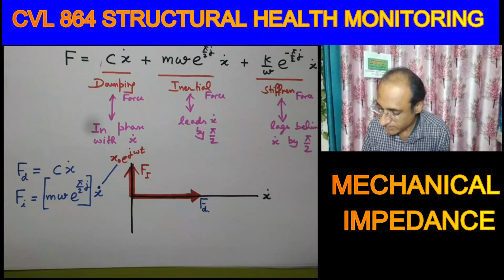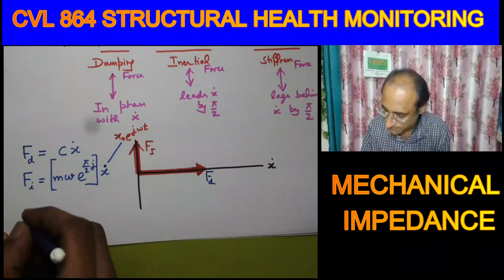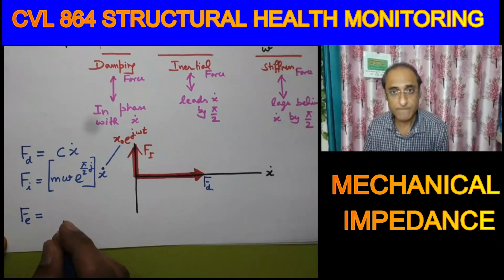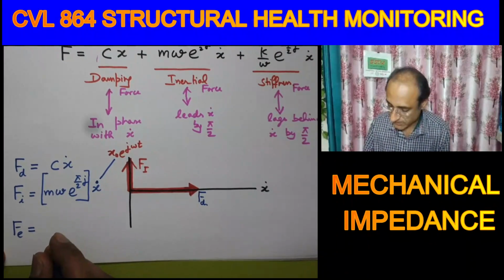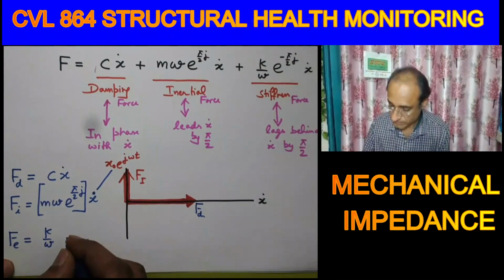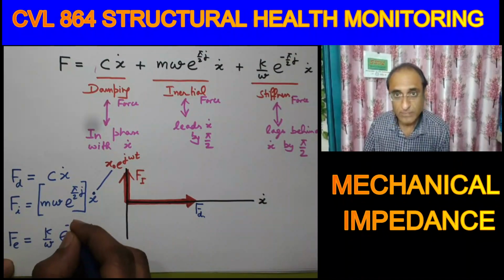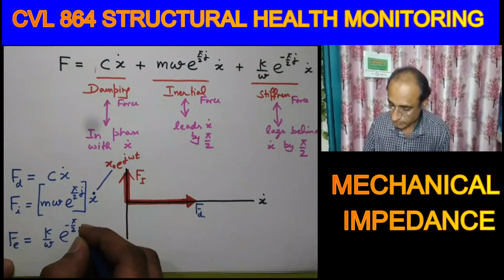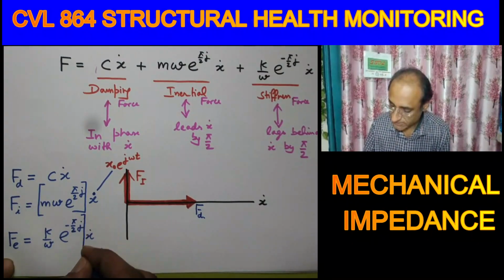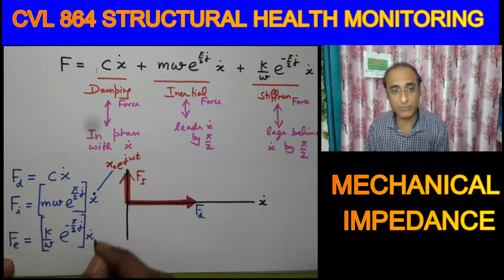And finally the elastic force, or the stiffness related force, which is K by omega. This will always lag behind the velocity by an angle of pi by 2.